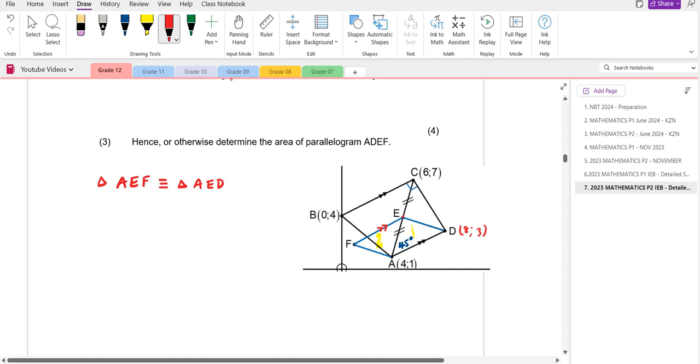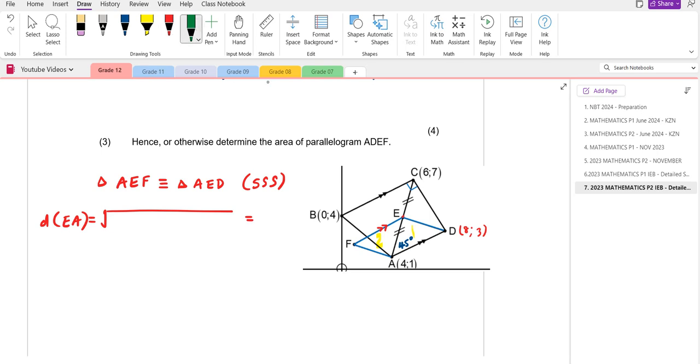Why? Because opposite sides are equal, and you have a common line, so we have side, side, side. We have AE as a common line, so we know that they are equal. So let's calculate the distance EA and the distance AD, and then use the area rule, half ab sine C formula. So EA using the distance formula: what was the coordinate of E?